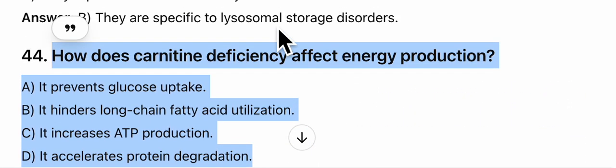How does carnitine deficiency affect energy production? A. It prevents glucose uptake. B. It hinders long-chain fatty acid utilization. C. It increases ATP production. D. It accelerates protein degradation.